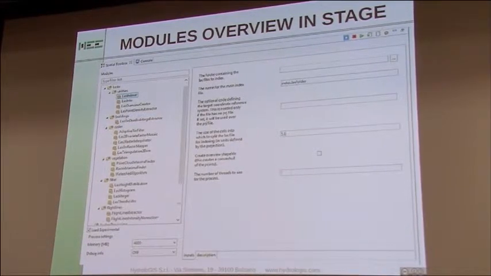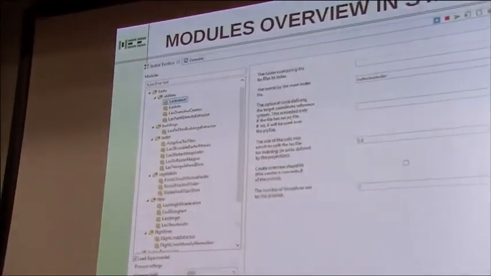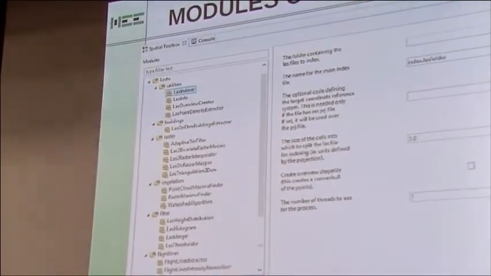This is an overview of L.E.S.T.O in the application Stage. As you can see, the main package is L.E.S.T.O, and then we have the sub-packages: utilities, building, raster, vegetation, filter, and flight times.